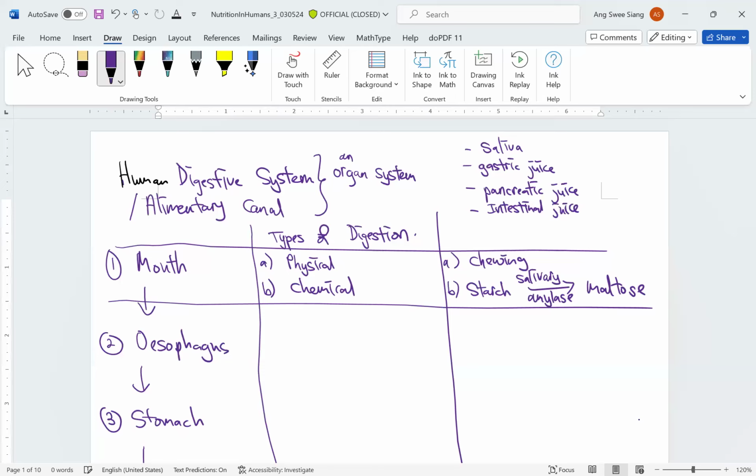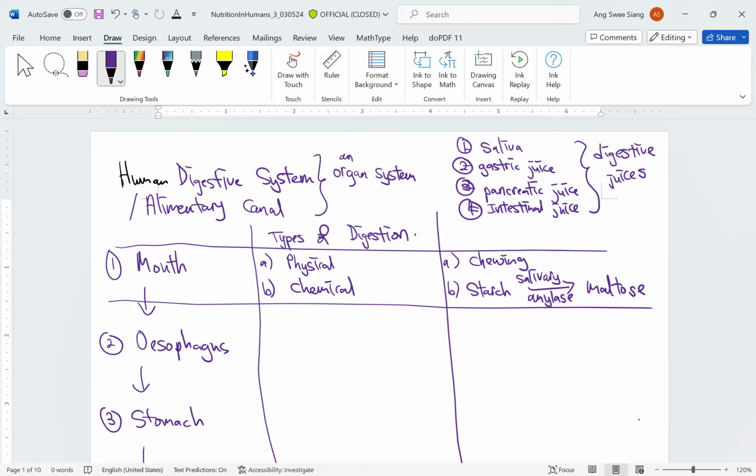These are the 4 different digestive juices secreted by different organs in the digestive system. We will be looking at where these digestive juices are secreted.